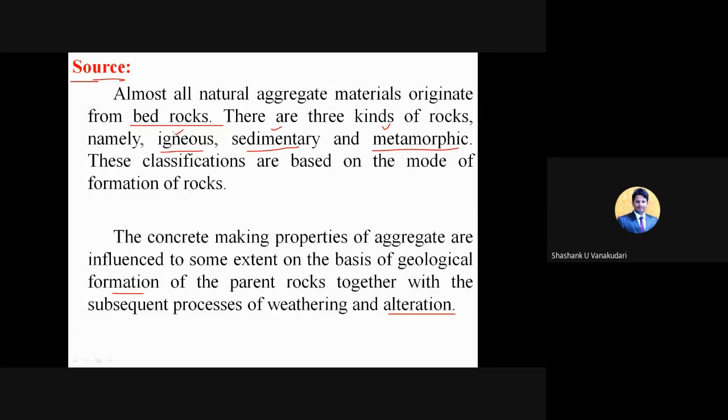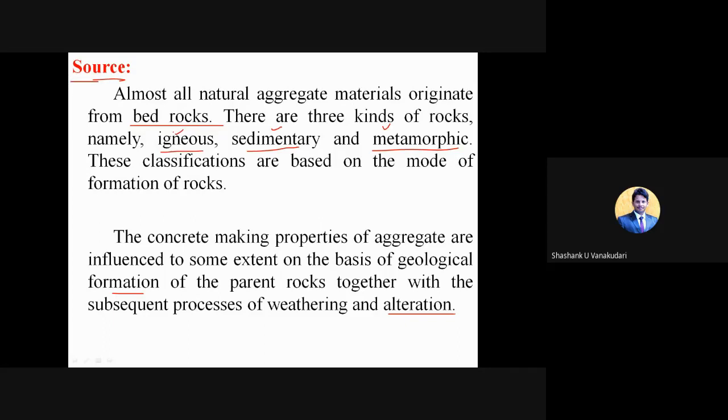They should be seasonally treated so that in all seasons they are strong enough to take all the environmental aspects, like temperature and rain, correct? So it should be seasonally treated so that we can use it in a better way.